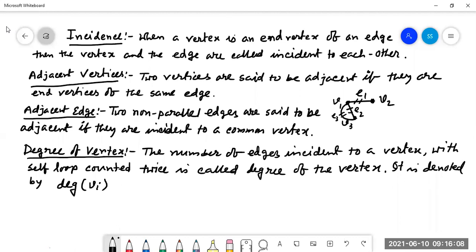What is the degree in this graph? What is the degree of V1? 3. If we take one parallel edge here, then it is E1, E2, E3, E4. What is the degree of V2? 3.